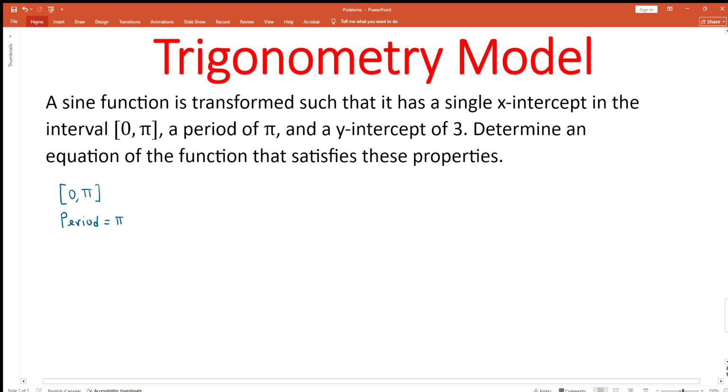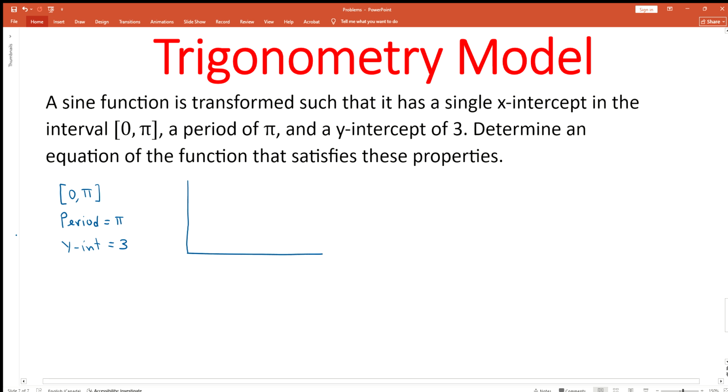And we are given the y-intercept, which is equal to 3. In this problem, we are not given the maximum value or the minimum value for this sine function. We can use this information to sketch a graph for this sine function.